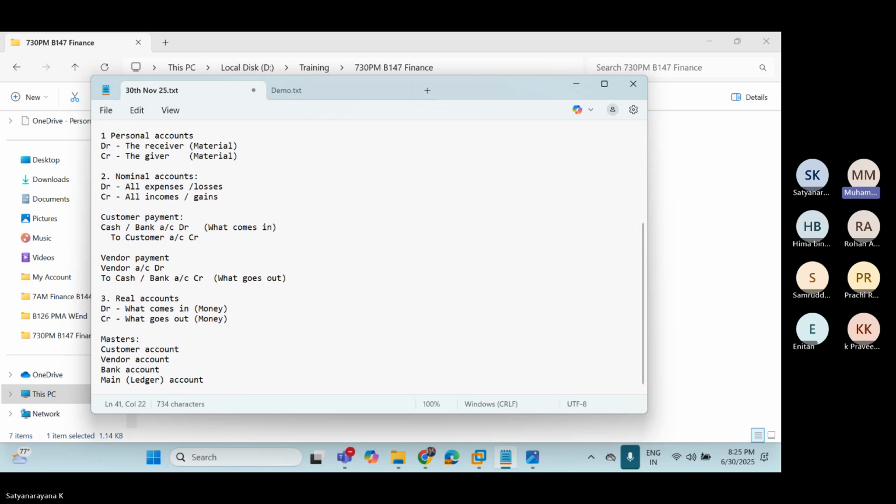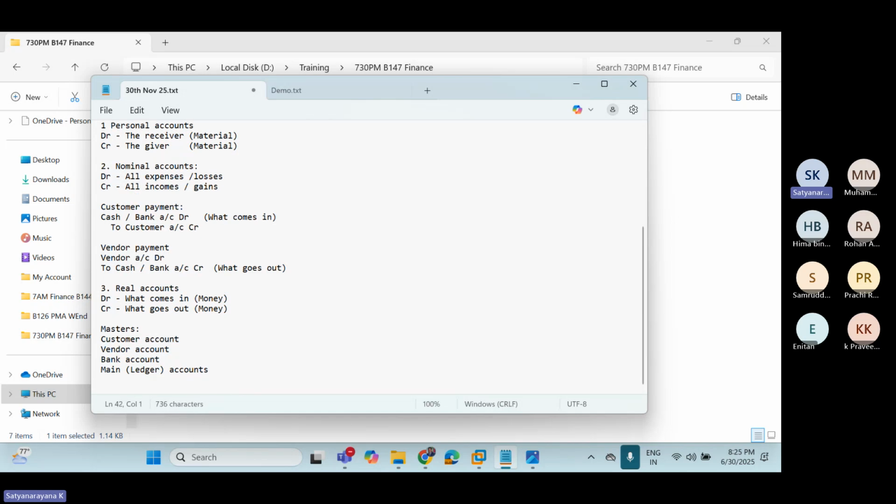Materials are also master accounts. Item master, yes, item number or item master is also a master. These are all masters; there are some more. And these main accounts or ledger accounts are called the chart of accounts.